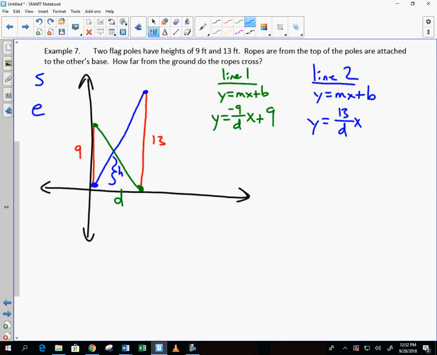So I'm going to use substitution in this option. And I'm going to circle what y is equal to, and I'm going to plug it in for y right there. So I'm going to plug it in right there, and I've got 13 over d times x is equal to negative 9 over d times x plus 9.